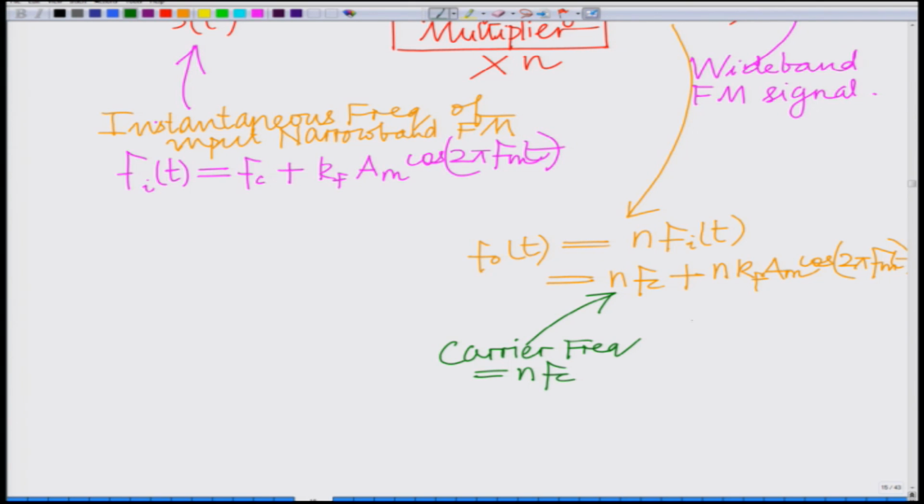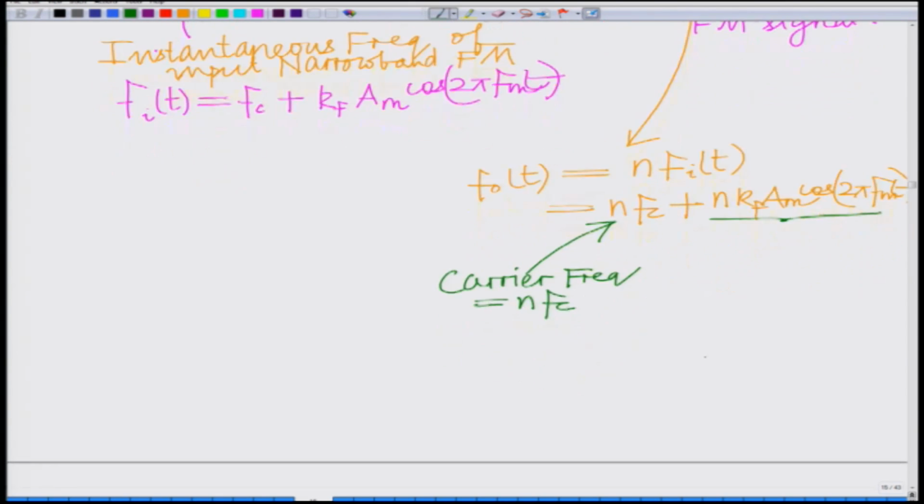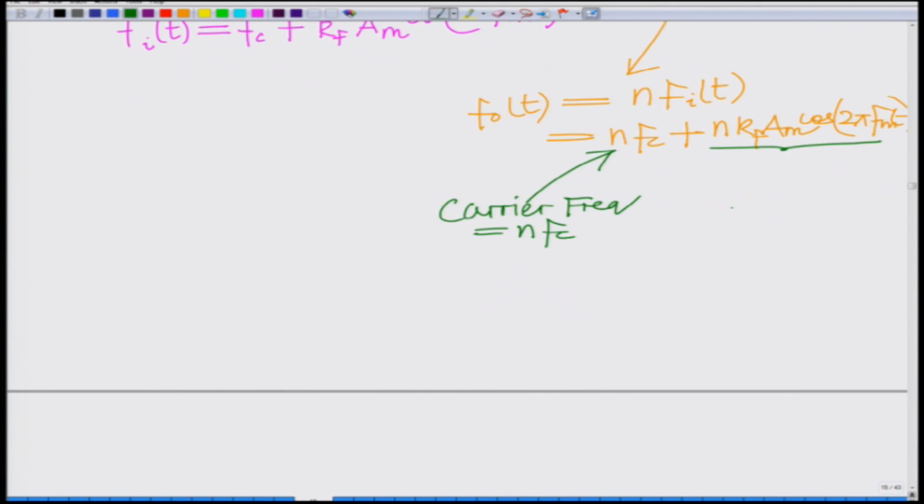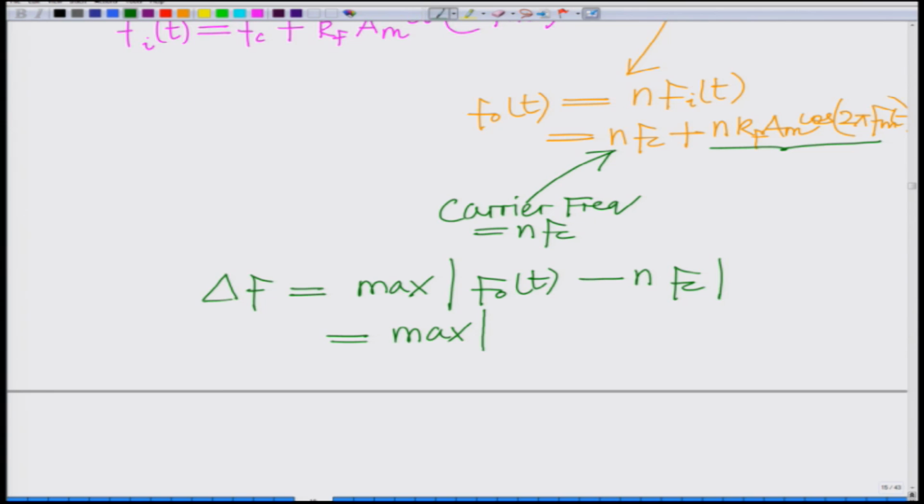So, the resulting carrier frequency equals n times fc, and further let us look at the frequency deviation. Delta f, that is the frequency deviation, is max of f_o(t) minus n times fc, which is equal to max of n times kf Am cosine 2 pi fm t, and this is equal to n times kf Am.